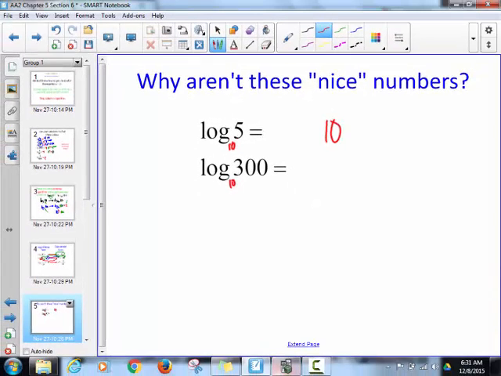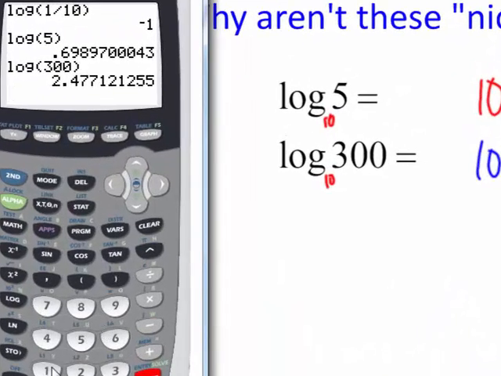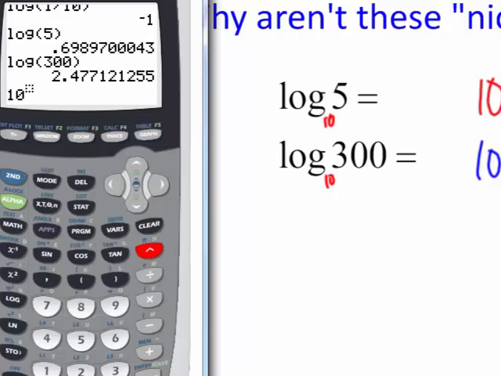It's really saying 10 to what power gives me 5? And then this one's saying 10 to what power gives me 300? Well, 10 to some decimal power gives me 5. And that's what I really found, right? Because if I took 10 to the 0.69897, that number right up there, I should get 5.